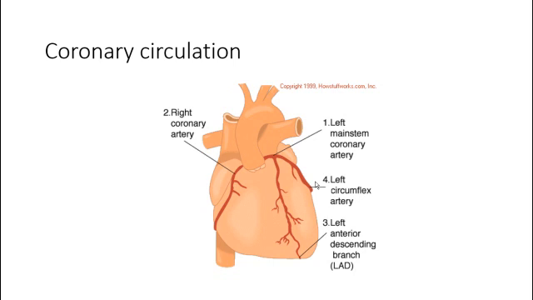One of the important things to appreciate is that blood can only flow through those coronary arteries when the heart is relaxed. So imagine during systole, when the ventricles are contracting, that's creating a lot of pressure in the heart. So those muscles are contracted. And you know from our talk about the pain spasm cycle, if a skeletal muscle is contracted or in a spasm, blood flow can't get into it because it puts too much pressure on the vessels within the muscle.